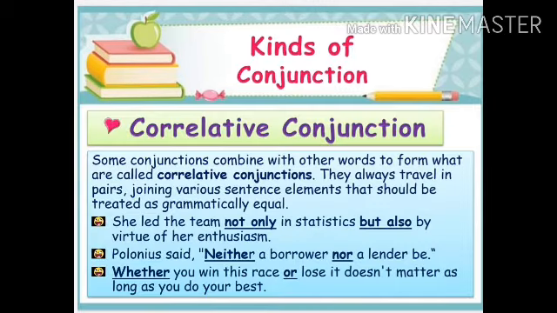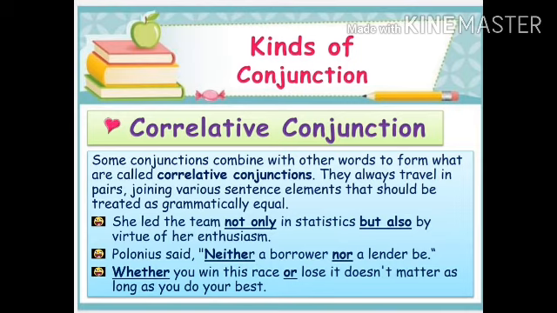Friends, see here kinds of conjunction. Under that we are discussing the correlative conjunctions. Sometimes conjunctions combine with other words to form what are called correlative conjunctions. These always travel in pairs, joining various sentence elements that should be treated as grammatically equal.